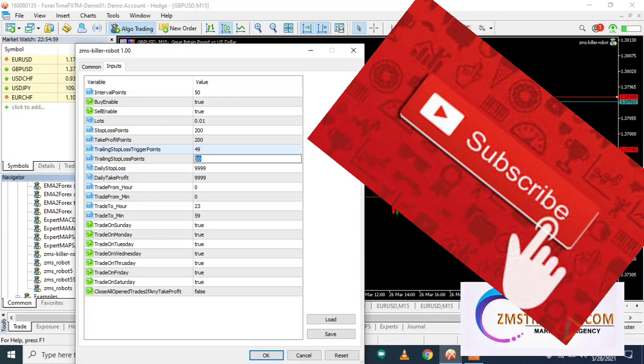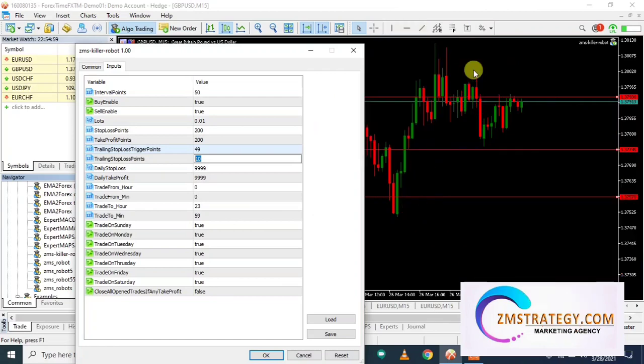And immediately the market keeps on moving, the trailing stop will keep on adjusting itself following the market. That is the explanation about the trailing stop loss trigger point and the trailing stop loss. You can use it to protect your profit to your own advantage.